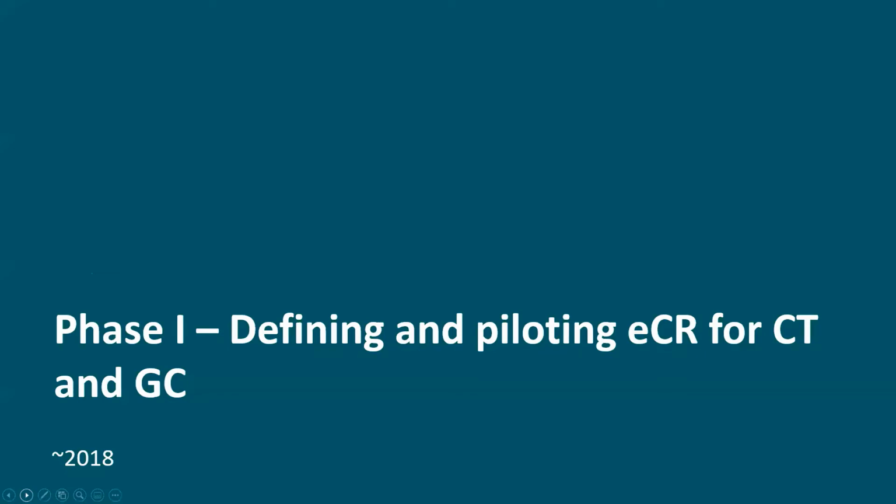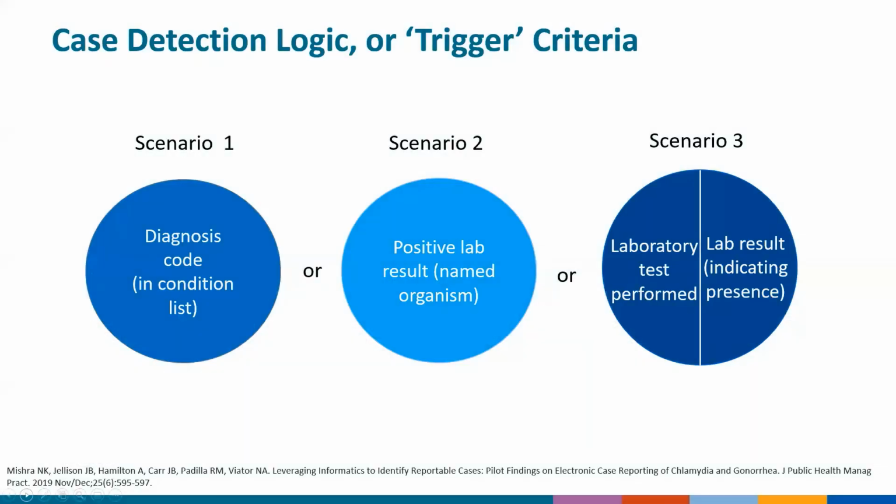Next slide. With those things in mind, let's talk a bit about some of our earlier work with our ECR projects, which ended in 2018. Next. The first thing that we did was come up with 3 scenarios for defining the trigger criteria for chlamydia and gonorrhea. The first condition for creating an electronic case report is for the EHR to list a specific diagnosis code related to STDs.